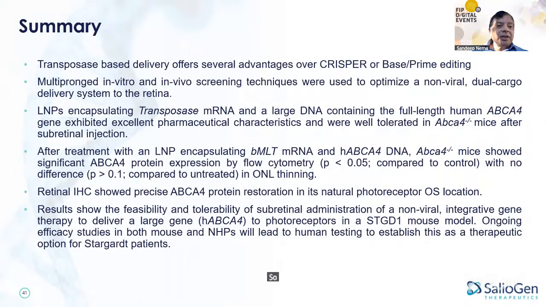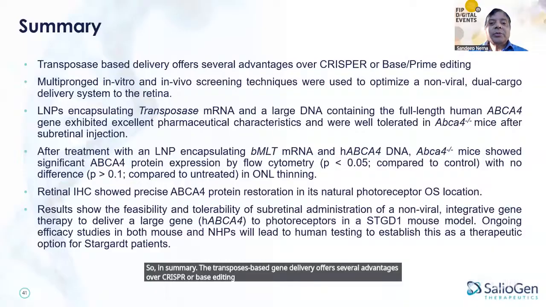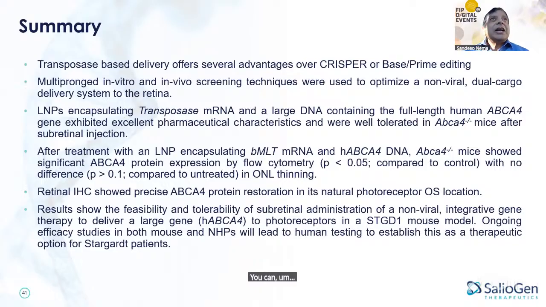So in summary, transposase-based gene delivery offers several advantages over CRISPR or base editing, including no double-stranded break. You can replace the entire gene, so all the mutations can be corrected, not just some of them.